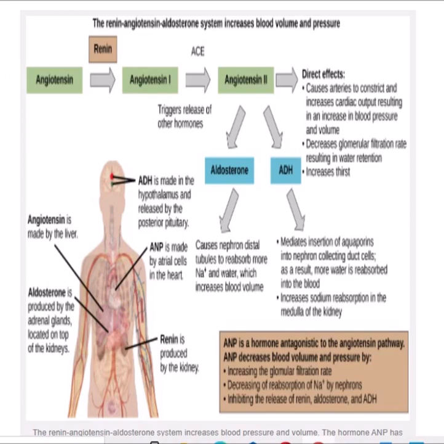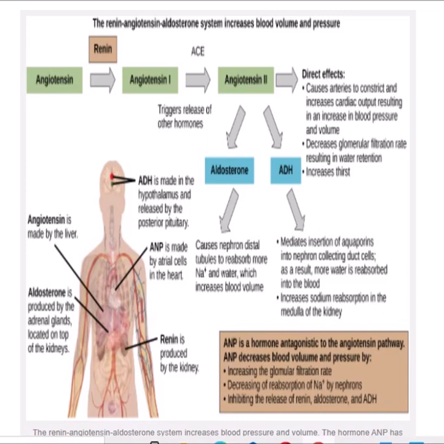It acts by inserting aquaporins in the collecting ducts and promotes reabsorption of water. ADH also acts as a vasoconstrictor and increases blood pressure during hemorrhage.